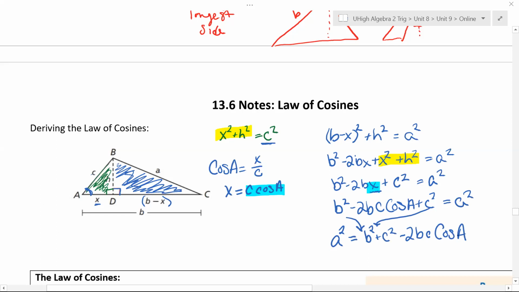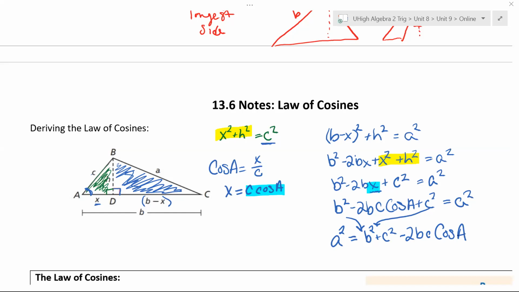I know this wasn't a very intuitive process, but what we looked at is the two right triangles formed using the height of our overall triangle. We can use the Pythagorean theorem to find the relationship of all three side lengths.